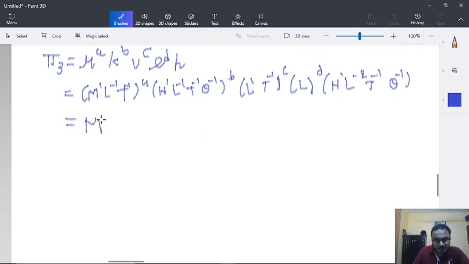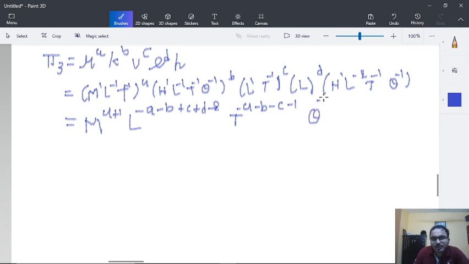So M raised to a plus 1, L raised to minus a minus b plus c plus d minus 2, T to minus a minus b minus c minus 1, theta. For theta I think it should be minus b minus 1. For h it should be b plus 1.